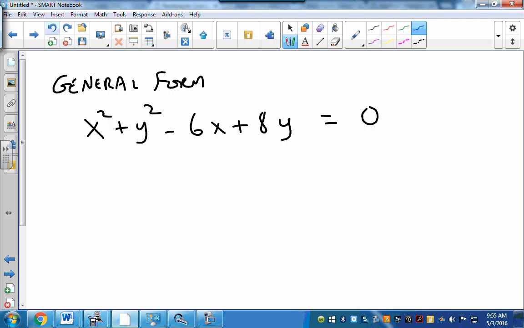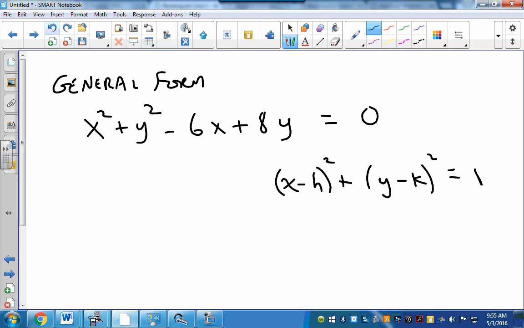Okay, so we now have to sort of think, what is the graphing form or the standard form of a circle? It looks like this: x minus h squared, plus y minus k squared, equals r squared. If you can get this equation in that form, then the center is going to be the ordered pair h, k, and the radius is going to be r.